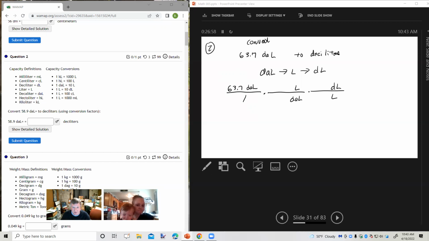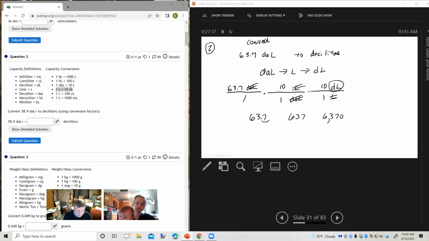Right, so let's see. Deciliters to liters, 1 liter is 10 deciliters. And then liters to centiliters, 1 liter is 100 centiliters. Okay, so I can get rid of units of deciliters and liters, and I have centiliters. 63.7 times 10 would be 637, times 10 would be 6370.